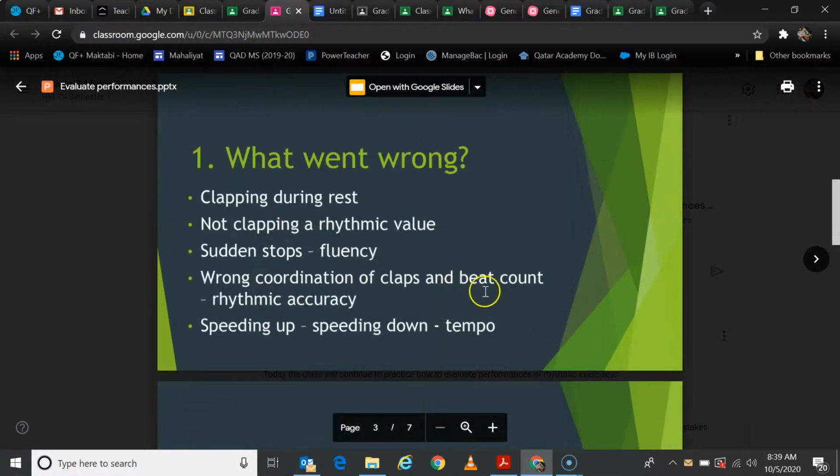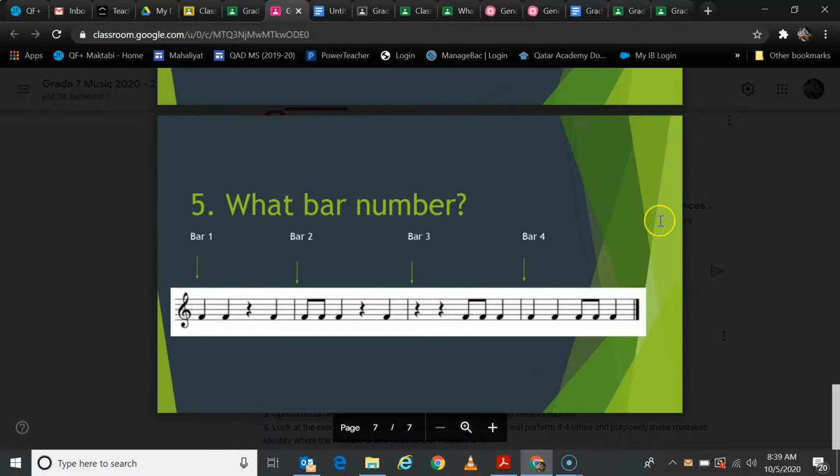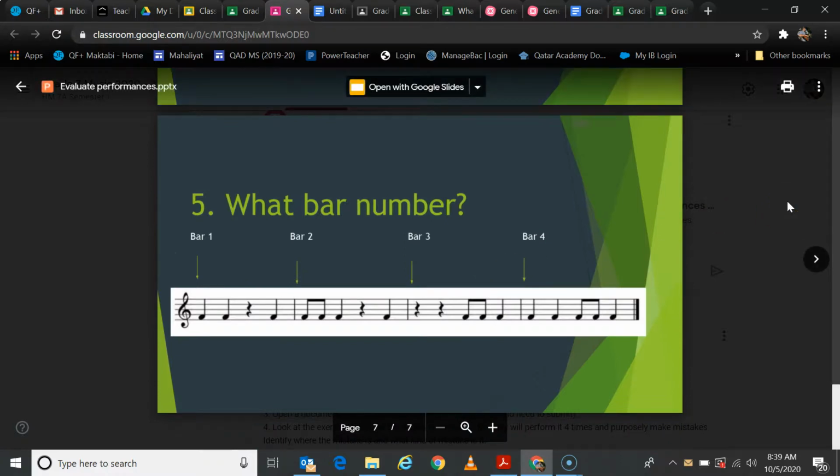The next one is wrong coordination. When you listen to someone counting the beats, but then the claps don't really happen along with the beat count, that is a problem of rhythmic accuracy. For example, when someone claps like this, let's say 1 and 2 and 3 and 4 and 1 and 2 and 3 and 4 and.